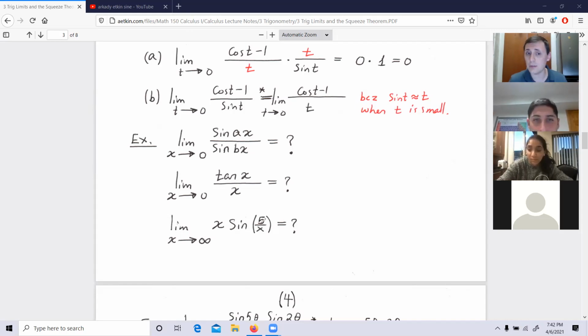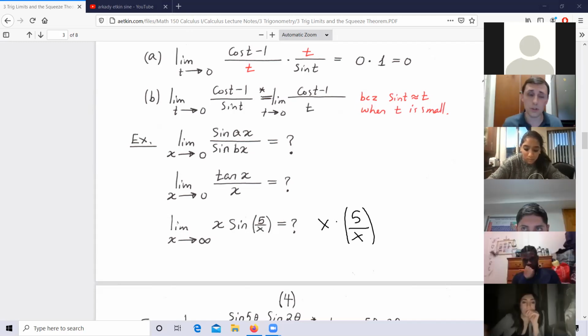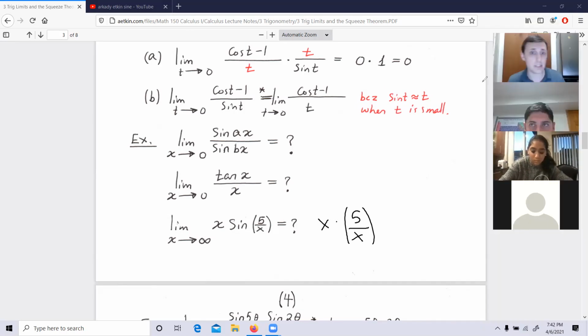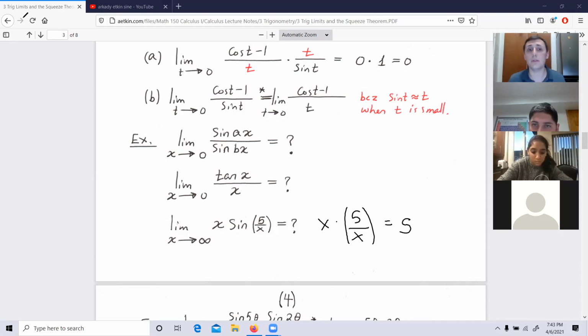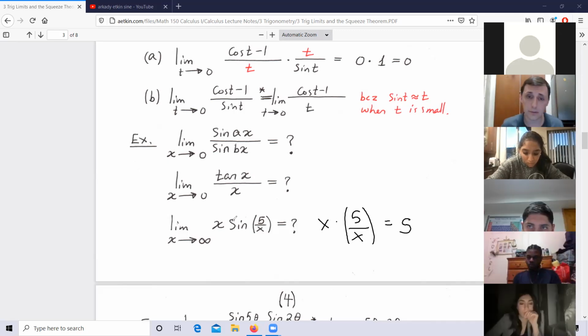So sine applied to 5 over x: this expression looks to me like x multiplied by 5 over x, because sine is not doing anything to an angle that's very close to 0. And then the answer is clearly 5. I can just simply ignore that there is a sine there. That's one way to solve it. Another, if you prefer, is the way we did before: you can divide by 1 over x and just make it sine of an angle divided by itself. Good?